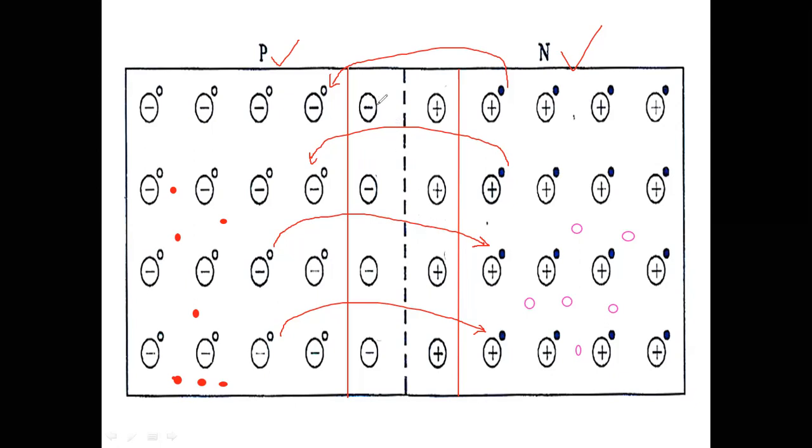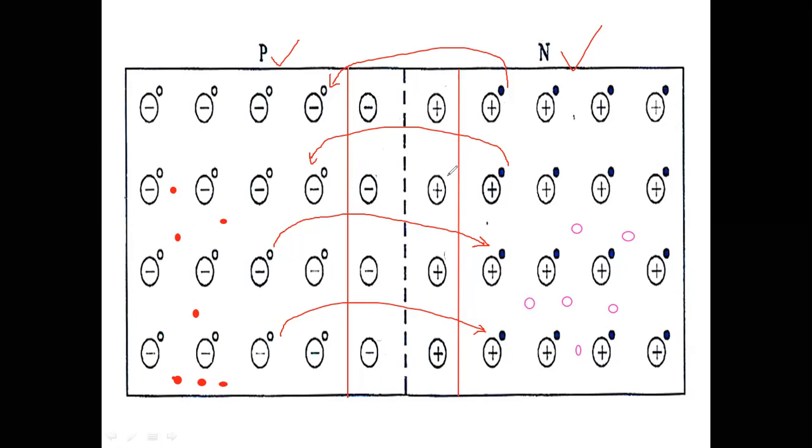a net negative charge is accumulating here at the junction towards the p side, and a net positive charge is accumulating here at the junction towards the n side.